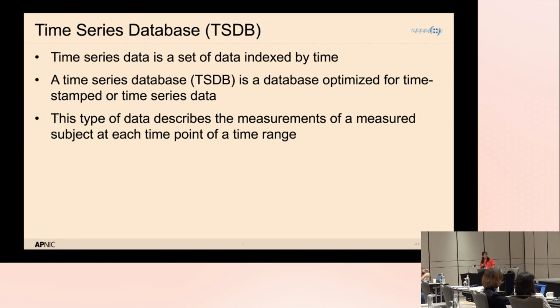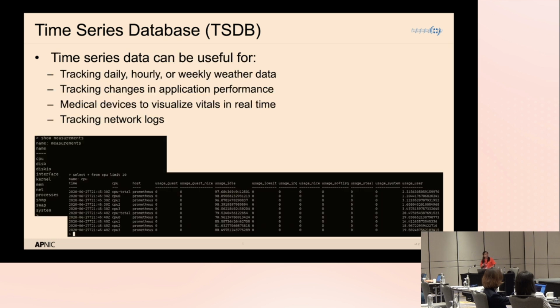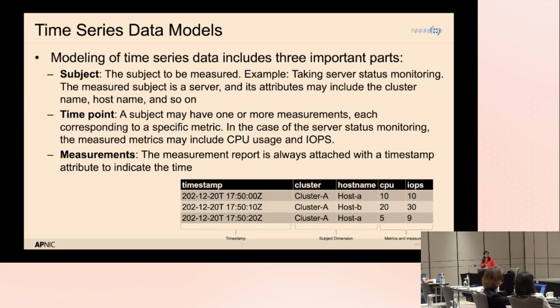But the thing is, it is optimized for timestamp or time series data. So it's good for tracking information on an hourly, a daily, or a weekly basis, for example, or in our case, tracking network logs.